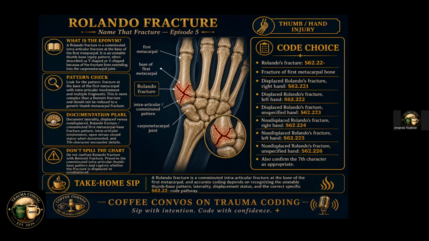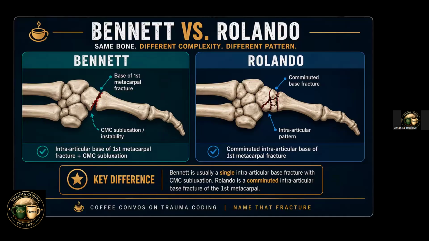So coders are commonly going to miss or make mistakes when they try to blend that Bennett and that Rolando together, because both occur at the base of that first metacarpal, but they are not interchangeable. The big distinction is going to be the injury pattern, right?